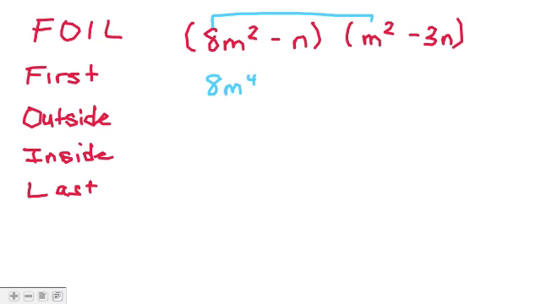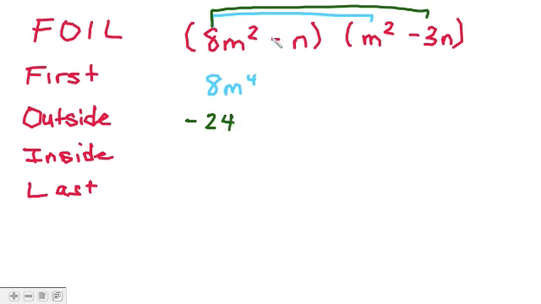Now let's do my outside. Outside will be in green. That's going to be the outsides of the whole picture, which is my 8 and my negative 3n. Let's multiply that first. 8 times negative 3 is going to give me negative 24.